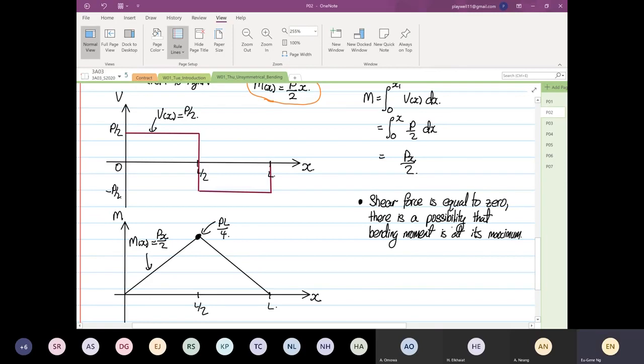When I say possibility, it's because sometimes your structure can cross 0 at a few locations. Okay, so you need to check.